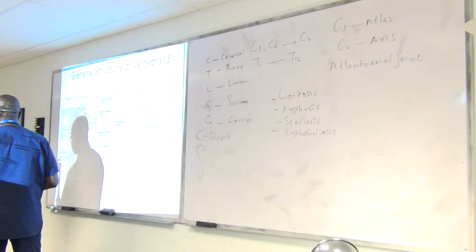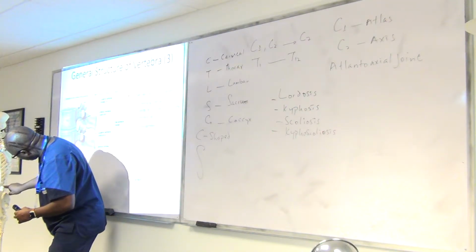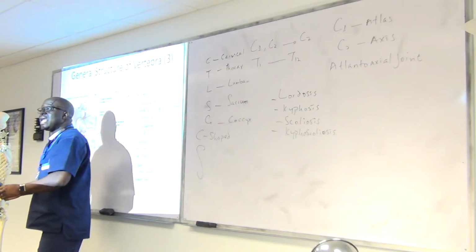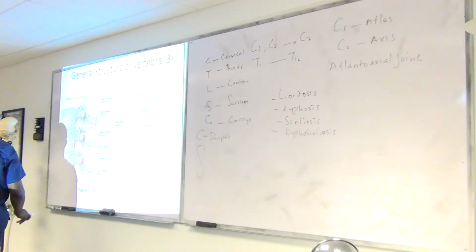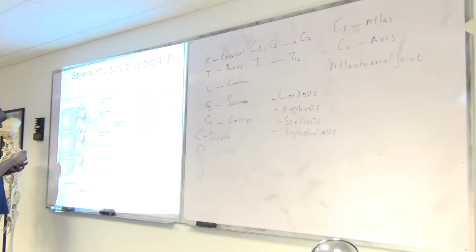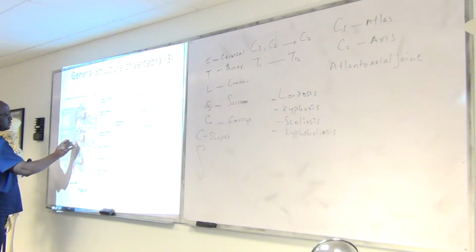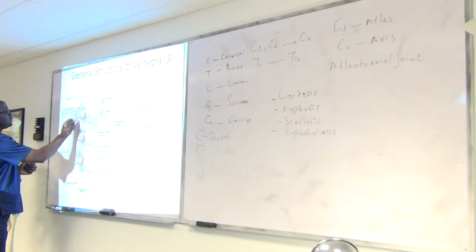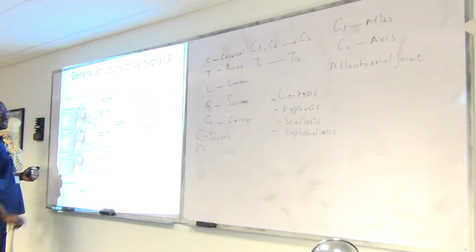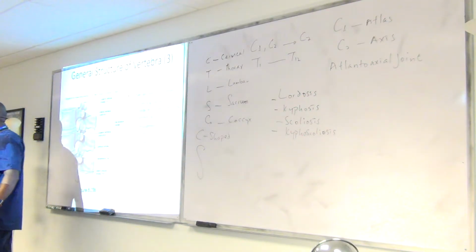But on the side, we have the intervertebral foramen, this hole right here, which allows for the exiting, because as the spinal cord is passing down, it continues to give us branches, what we call the spinal nerves. It branches out, so it's for the passage of the spinal nerves.